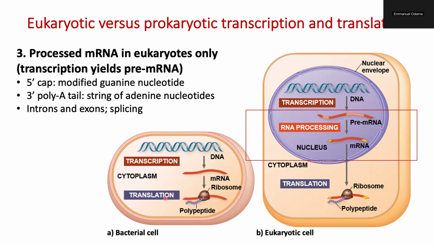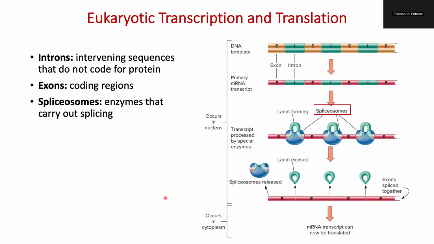So this is a classic difference between transcription and translation happening in bacterial cells and that of eukaryotes. So back to this slide again. We have a nice arrangement of exons, introns, exons, introns. Now we've transcribed everything from the DNA template. We form our mRNA, and then from the mRNA, we have spliceosomes.